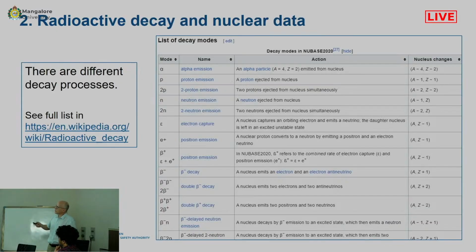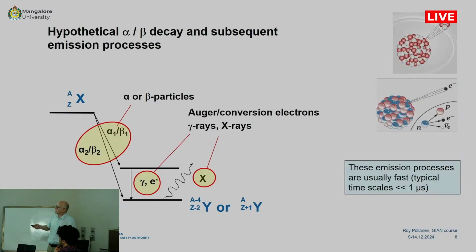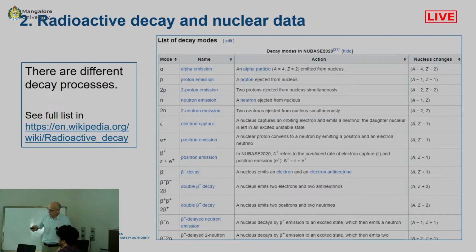So what is the basic data? Okay, basic library data, I will show it soon. Okay, let's go through the decay processes. So mainly in this course we are dealing with alpha or beta decay.